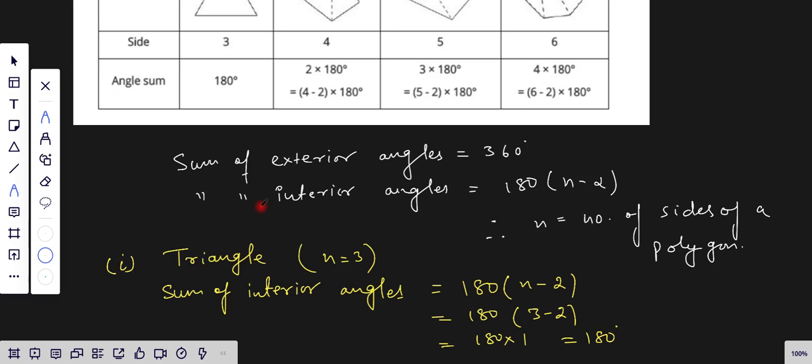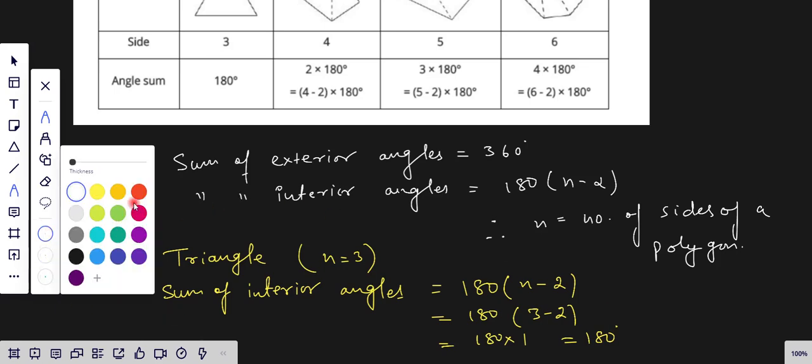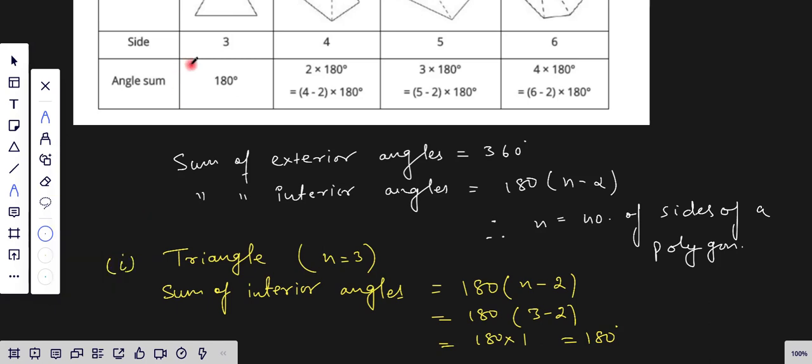Okay, I hope this is proved from here. So I have justified this formula, that n sides can be written as n. So n equals 3, n equals 4, n equals 5 is a pentagon, n equals 6 is a hexagon, and these are the angles. These are basically interior angles. Okay, I'll write here interior angle. These are the interior angles.